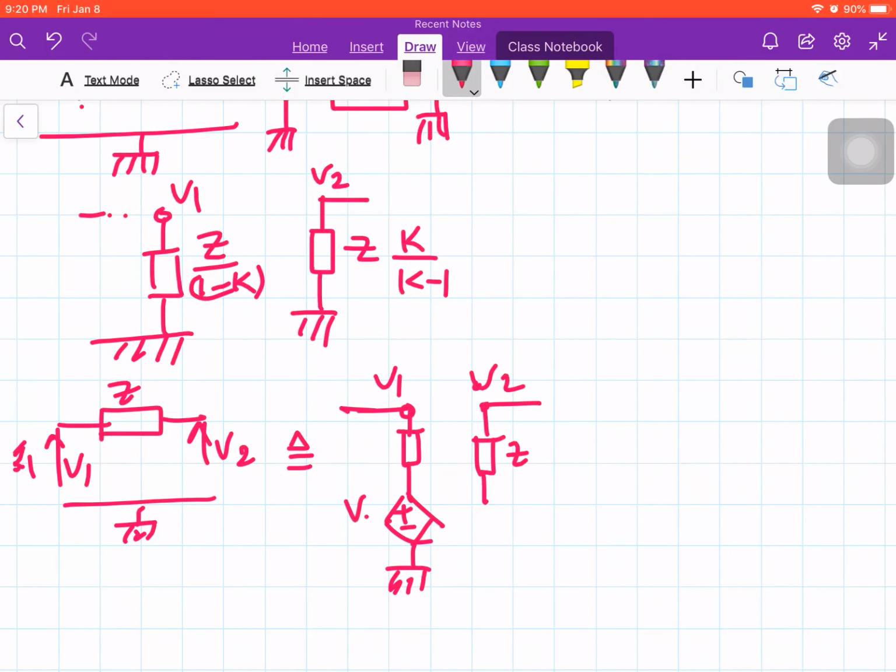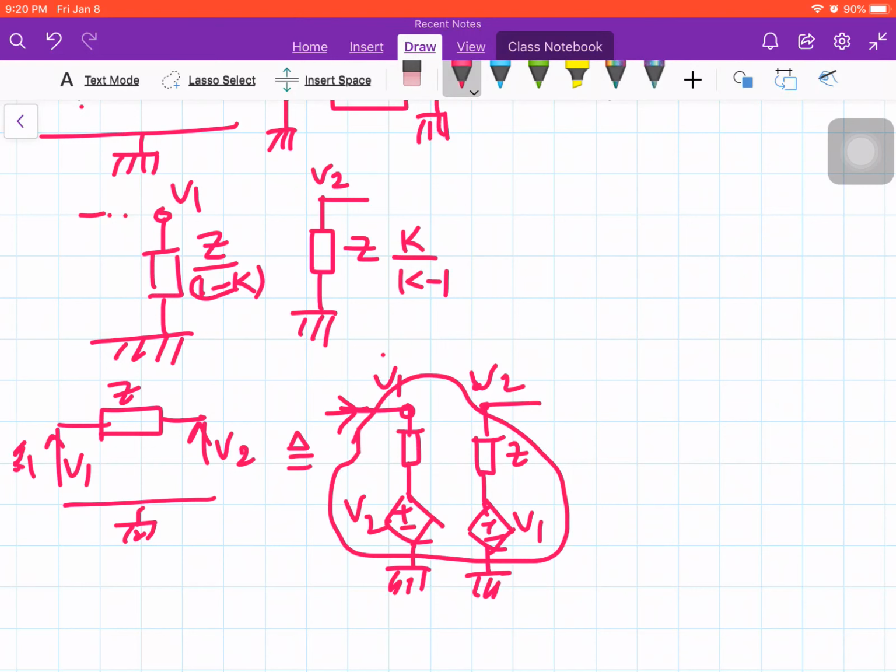Z, and this is V2, and this is V1. Still, when you see from the terminals, if I just cover it up in a black box, you cannot see a difference between these two circuits, because it is V1 minus V2 divided by Z here, and this is also V1 minus V2 divided by Z. That is what the current is coming out.